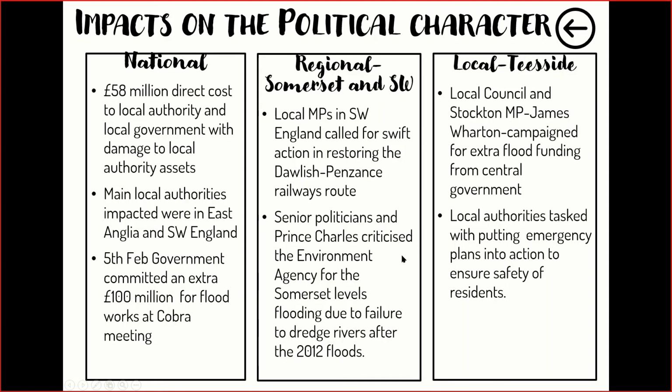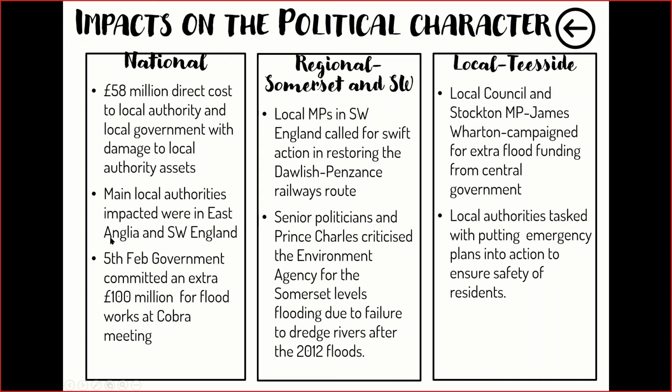The Environment Agency's argument, though, is that it's a natural process and it would cost a fortune to keep doing that. It would be a soft engineering strategy. So, political people were blaming the Environment Agency, saying the politicians haven't given enough money for that. And then nationally, direct costs to the local authorities were 58 million to get their assets back on track.